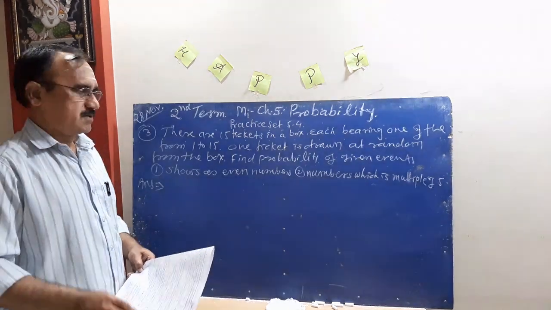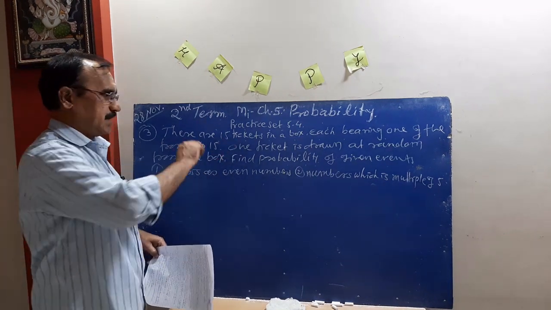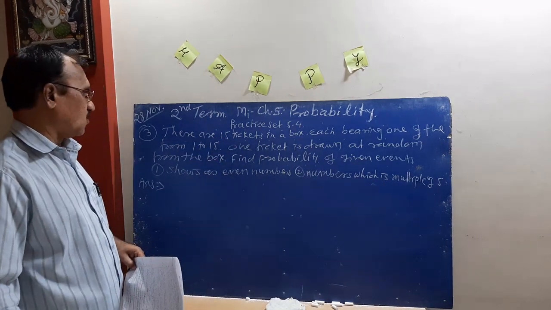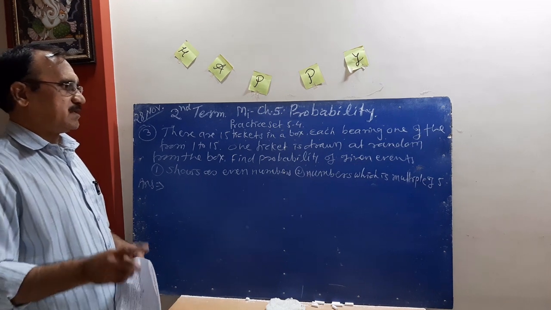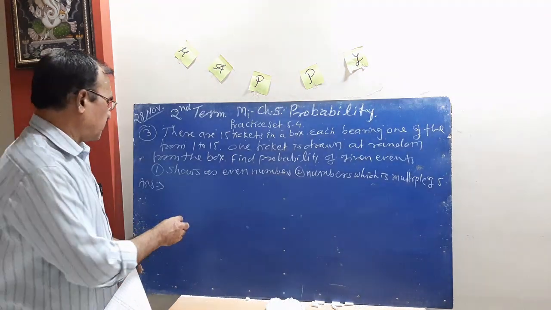What can we do first? First we have to write the sample space. There are 15 tickets in a box, each bearing one of the numbers from 1 to 15. One ticket is drawn at random from the box. Find the probability. What is the sample space?